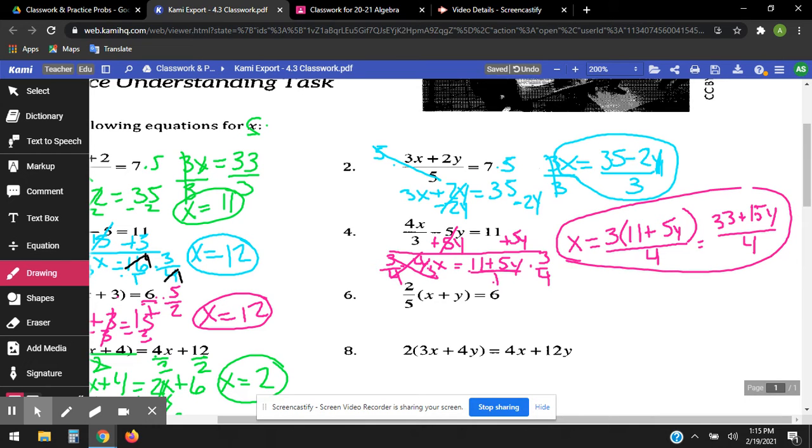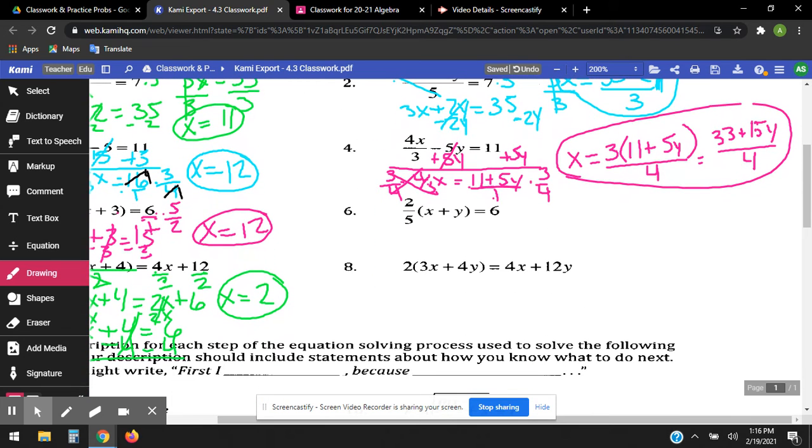Again, because neither of these are divisible by 4, there's really no reason to split them up any more than they are. Next. Scroll down a little, give me some space. Okay, so I want my x by itself. So that means it's in the parentheses. So let's get rid of everything outside of the parentheses.